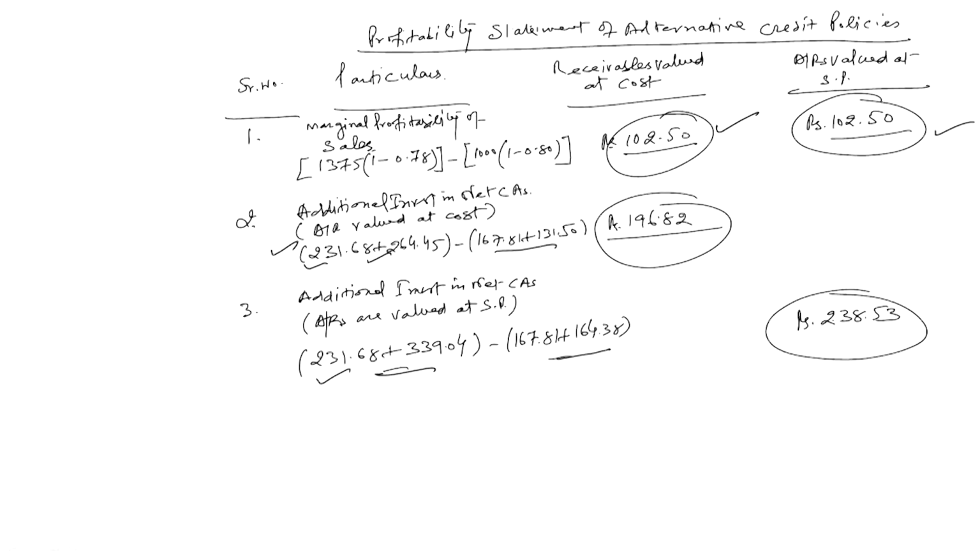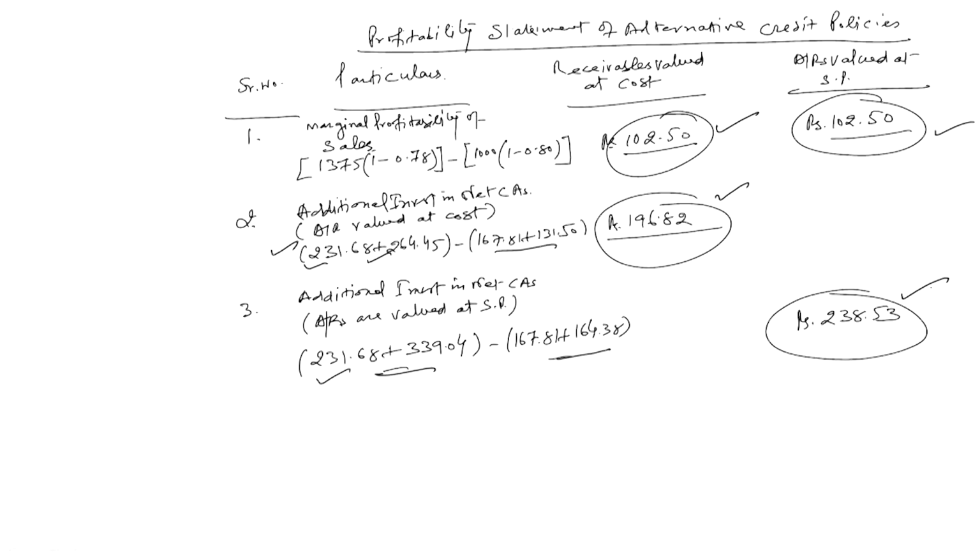So, we have worked out now the marginal profits at both the levels, when the receivables are valued at cost and when valued at selling price, and then the additional investment at both the levels. When the receivables are valued at selling price, the additional investment is 238.53 crores.